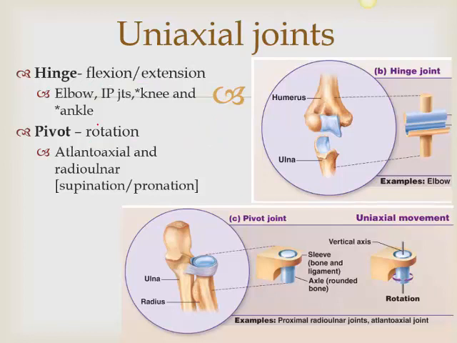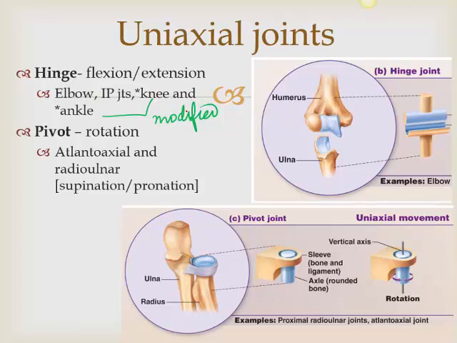The reason I have an asterisk against them is because these two are what are known as modified hinge joints. These are called modified hinge joints because in the knee joint, in certain positions you can do a bit of rotation. Only in certain positions you can do a bit of rotation. And also the movement is a bit more complicated in the knee.